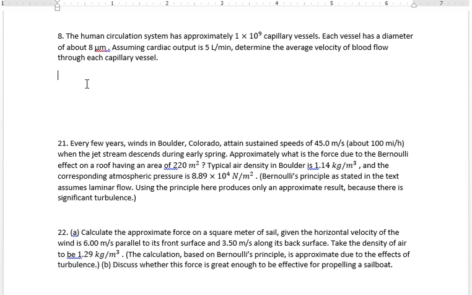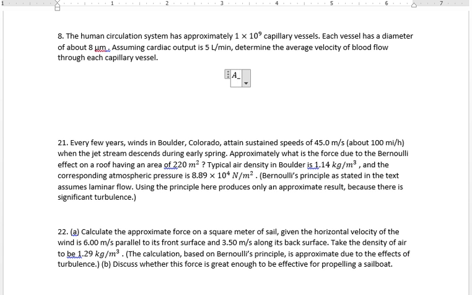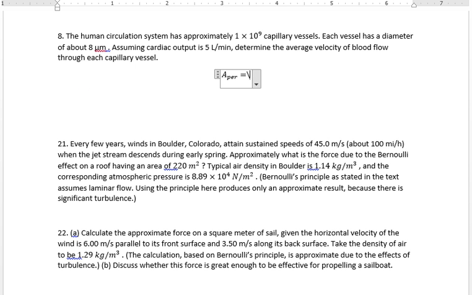So we've got 10 to the ninth capillaries, and an 8 micron diameter per capillary. So what is the area per capillary? Pi times 8 times 10 to the minus 6 meters, squared, right?